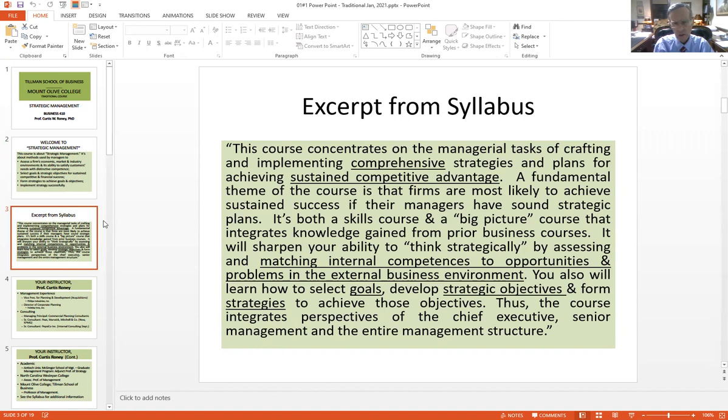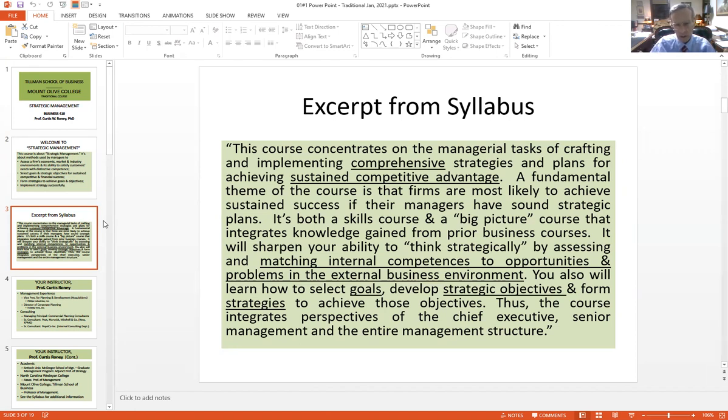The course concentrates on managerial tasks of crafting and implementing comprehensive strategies. One of the interesting and difficult things about strategic management is that we have to pull all the pieces together, all the parts of the company, all the problems and opportunities to get that fit that I talked about.